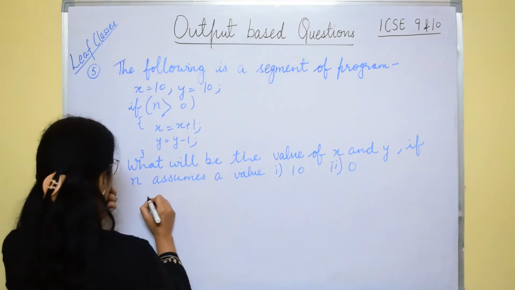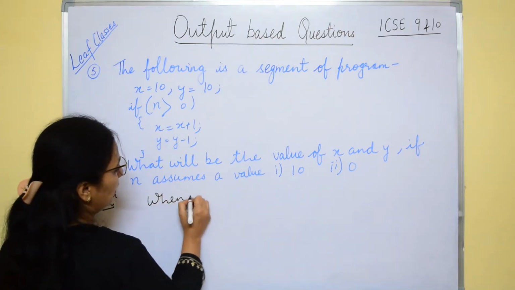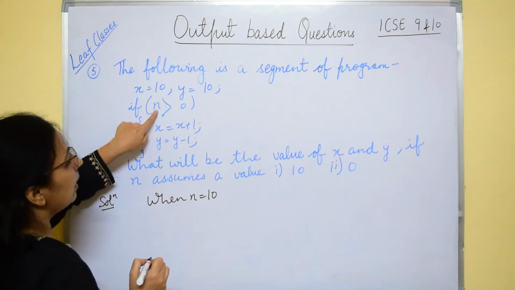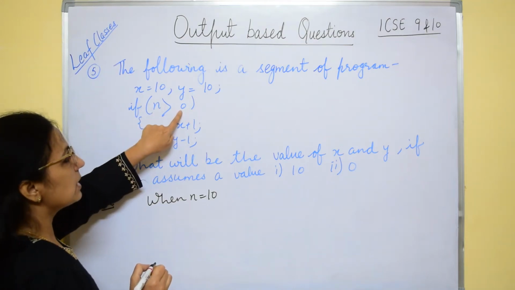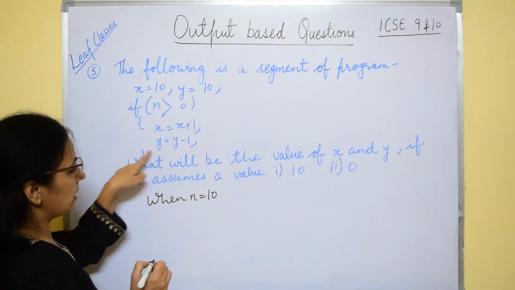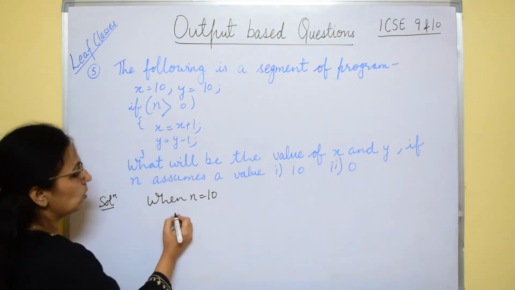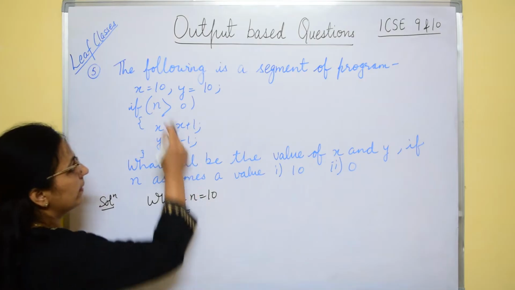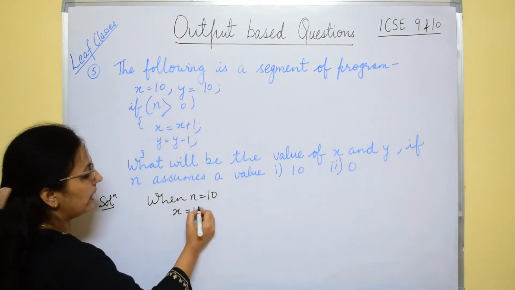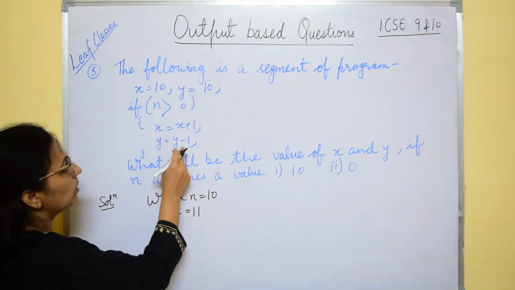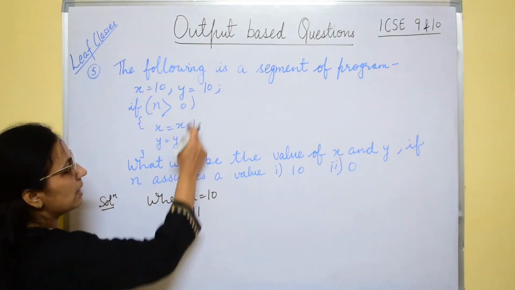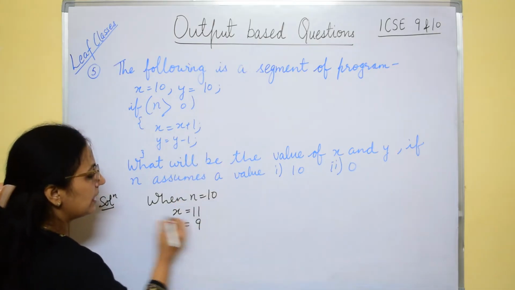In the solution you will write when n equals 10. So it is 10 greater than 0. Yes, condition is true. So it will come into this block, x equals x plus 1. x originally is 10, so 10 plus 1 will be 11. y equals y minus 1, y will be 10 minus 1, that is 9.